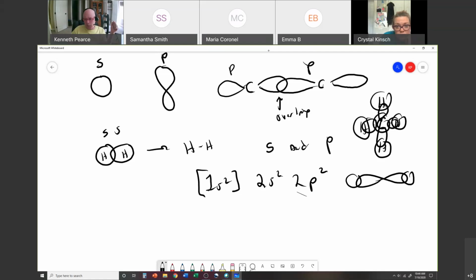Okay, you'd expect them to overlap. And you'd expect two different kinds of bonds. You'd have the SS overlaps and you'd have the SP overlaps. That's what you'd expect. But when you look at methane, you have a tetrahedral structure where all the bonds are the same length. That's a problem. Okay, they're not different lengths. They're all the same length.